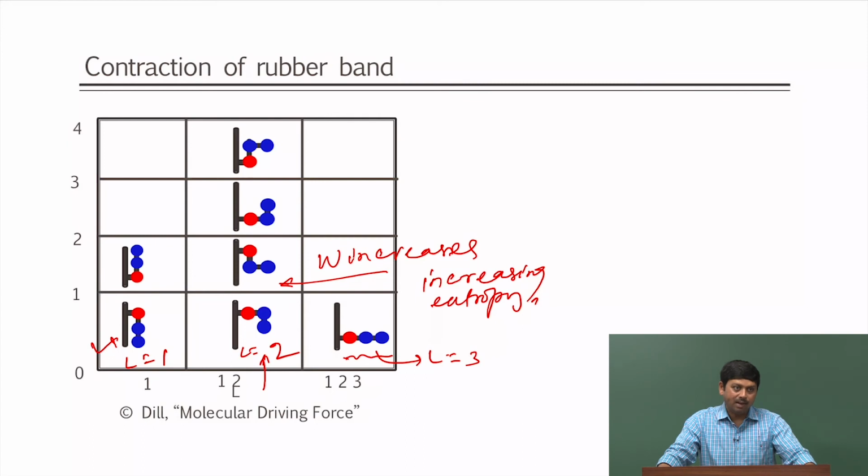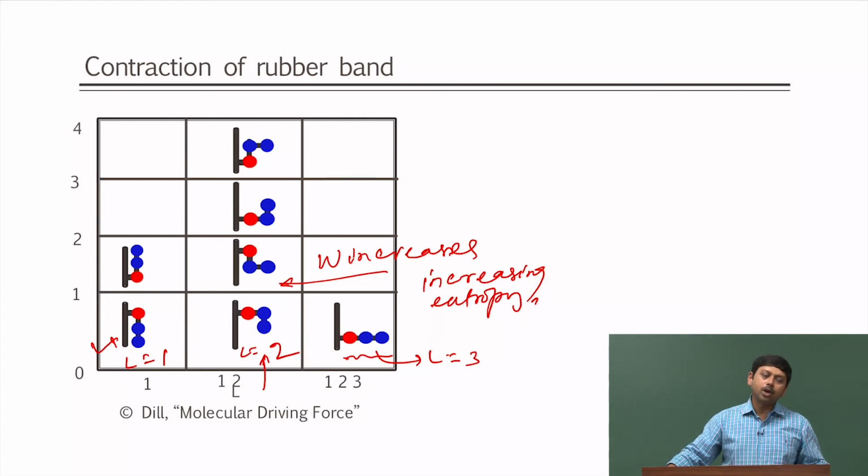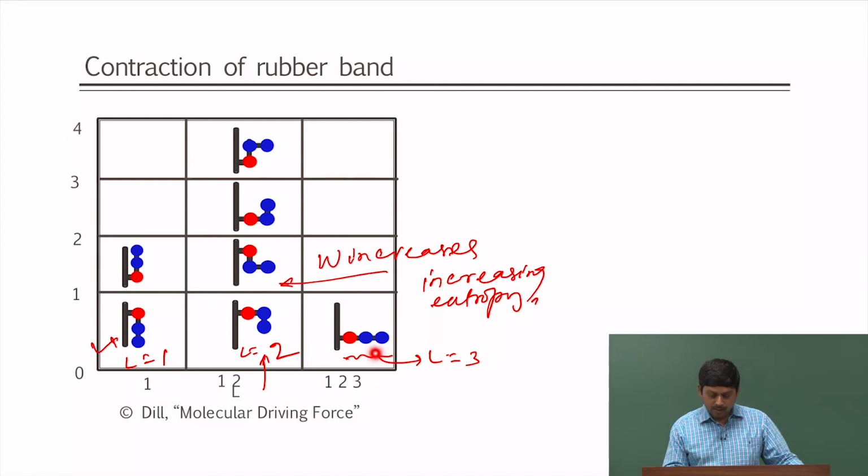Here we are not allowing those configurations, because of the constraints between the monomers themselves. So for this polymer the entropy will increase, but the finger will have to lose heat. Yeah, the finger will have to lose the heat, and that is the reason.